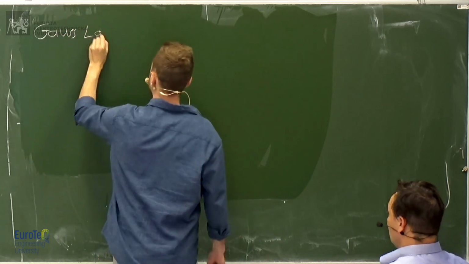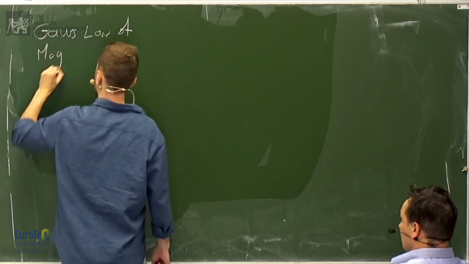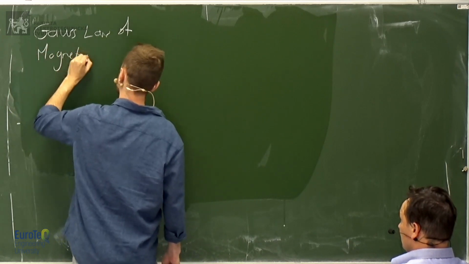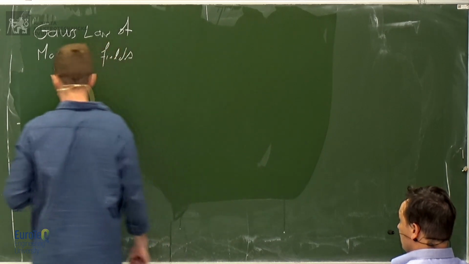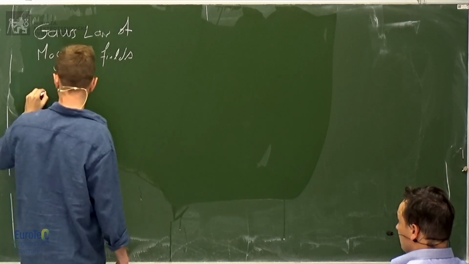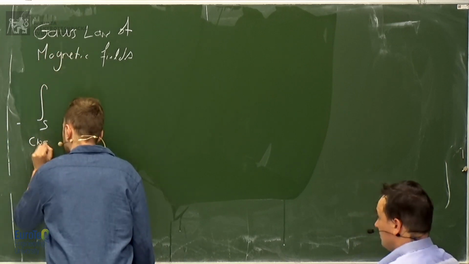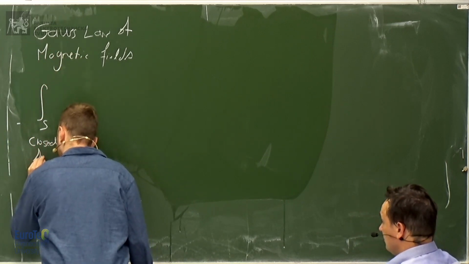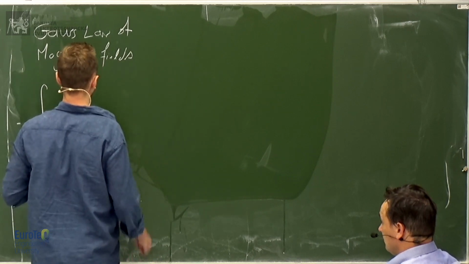Gauss's law of magnetic fields. Same thing as previously. We have a closed surface S of a magnetic field.